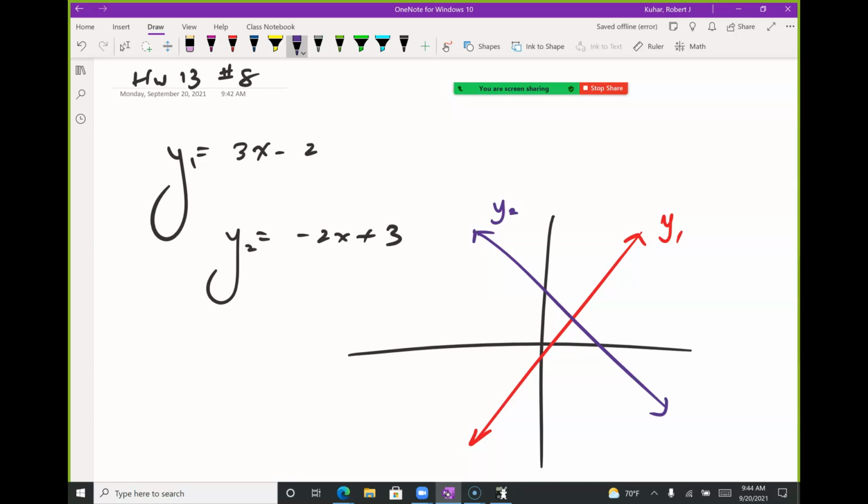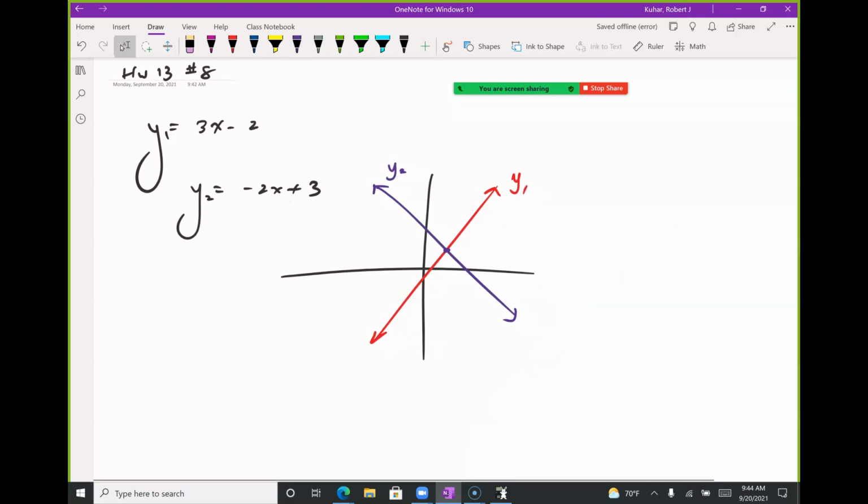And of course, I'm interested in the intersection, right? I'm interested in when the x's are equal and when the y's are equal, when they're hitting at the same x value and the same y value. And so what do I get? I get 3x minus 2 should equal negative 2x plus 3.